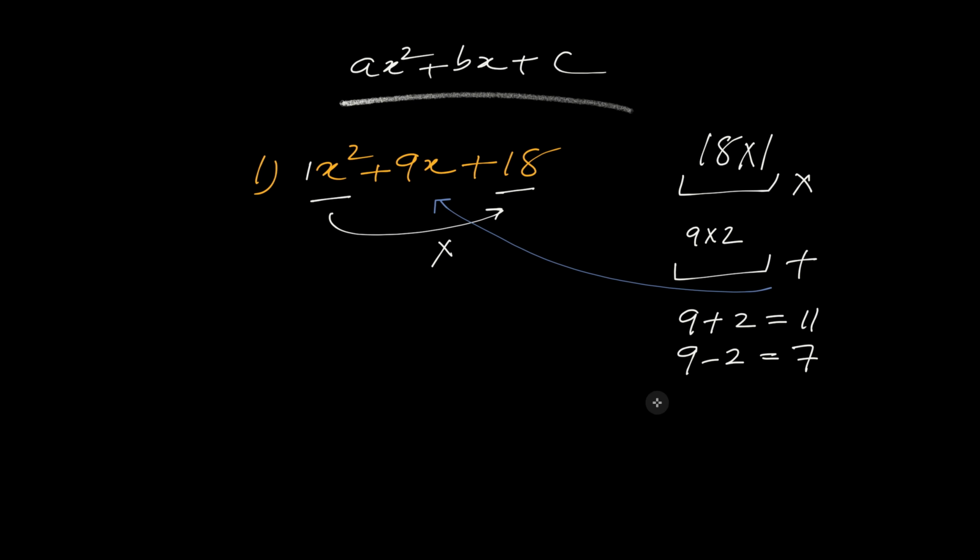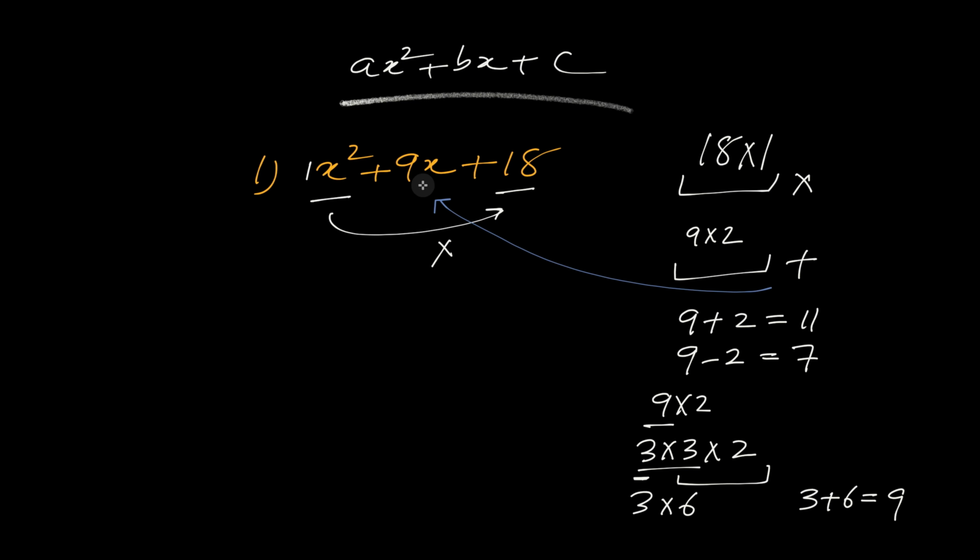Instead of 9 into 2, let's split this 9 further into 3 into 3, into 2. This is as good as 9 into 2. Now we'll take just 3 and these two numbers, 3 into 6. Can I say 6 into 3 is equal to 18? And if you add these two numbers, 3 plus 6 equals 9, which is what we are looking for.